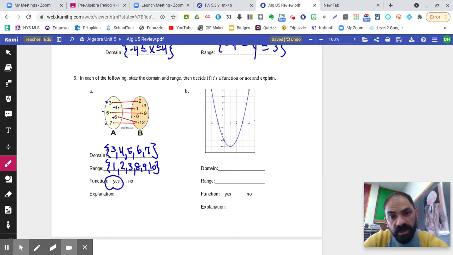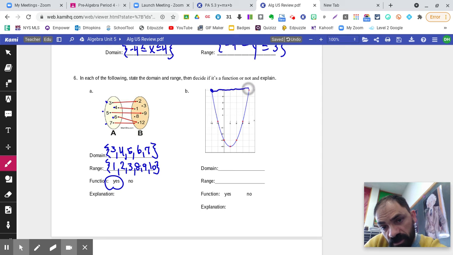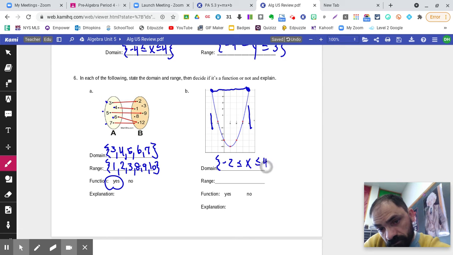Here, the domain, x values. It goes from this point, it looks like it stops with those dots, all the way over to this point. So this is 4, and this is negative 2. All right, the range is the y values. The lowest point is negative 4.